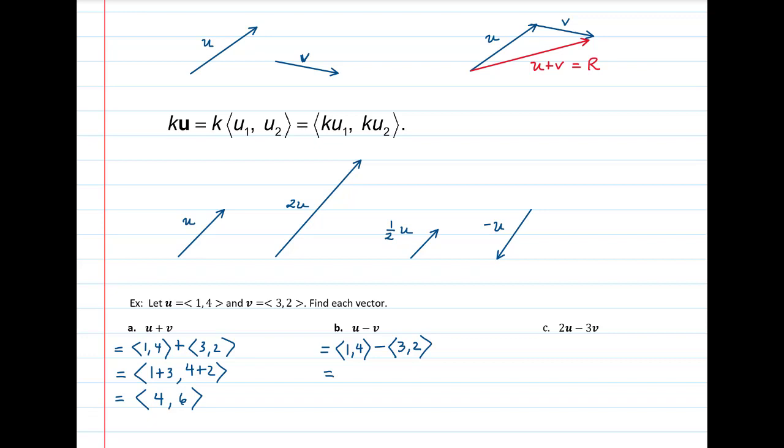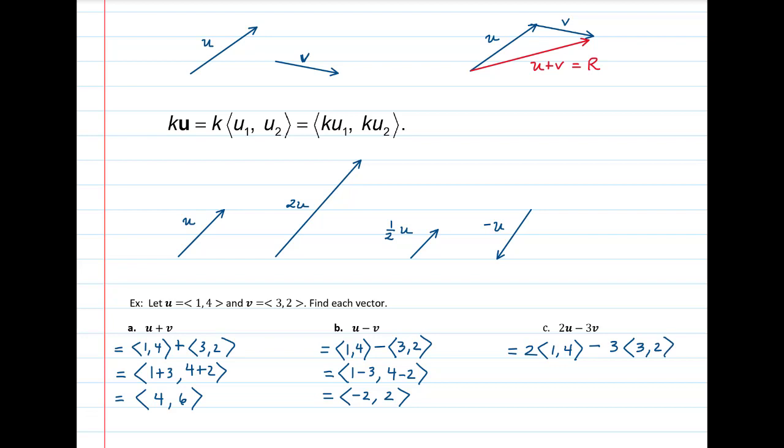So it's like a 180-degree turn. And of course, if you have any other negative number, it also scales it, but the negative changes the direction to exactly the opposite of the original vector. And the math is the same, it's pretty straightforward. You just subtract, and we're going to get 1 minus 3, 4 minus 2, that's -2, 2.